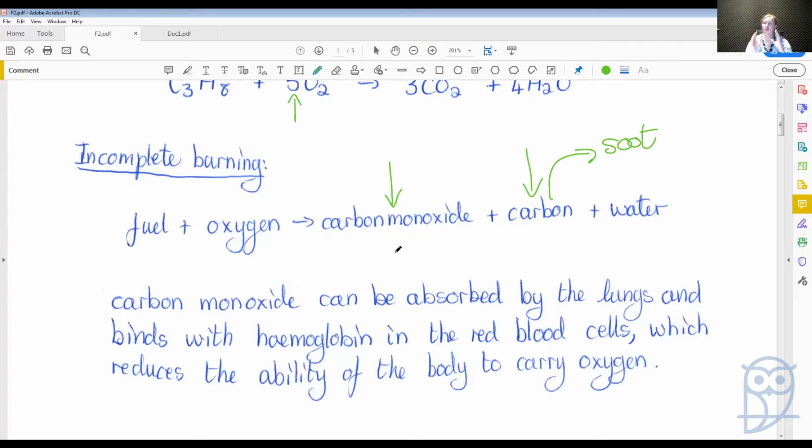So if there is not enough oxygen going into your engine, you end up making carbon monoxide. In the exhaust pipes of all of the cars nowadays, there are specific filters that filter out carbon monoxide so that we don't end up putting lots of carbon monoxide into the atmosphere.